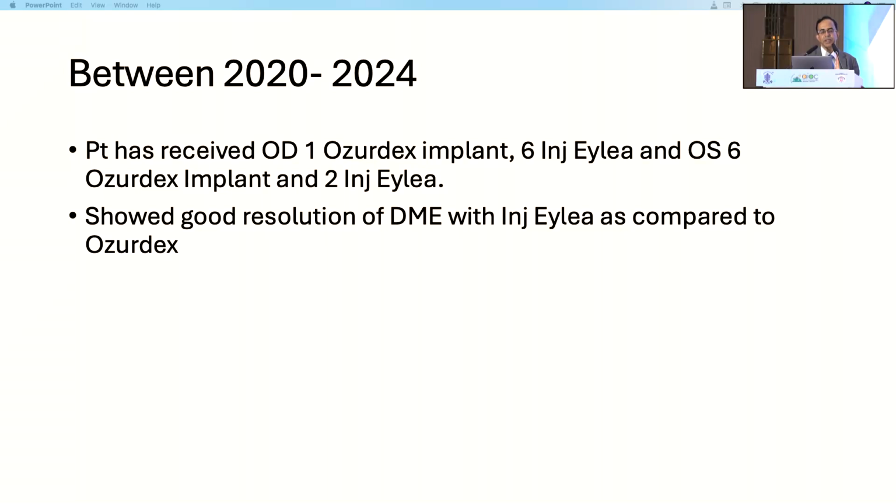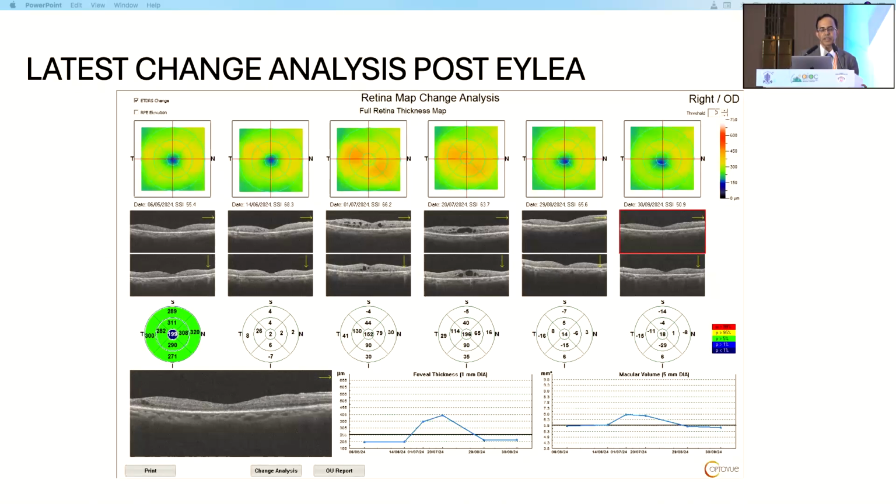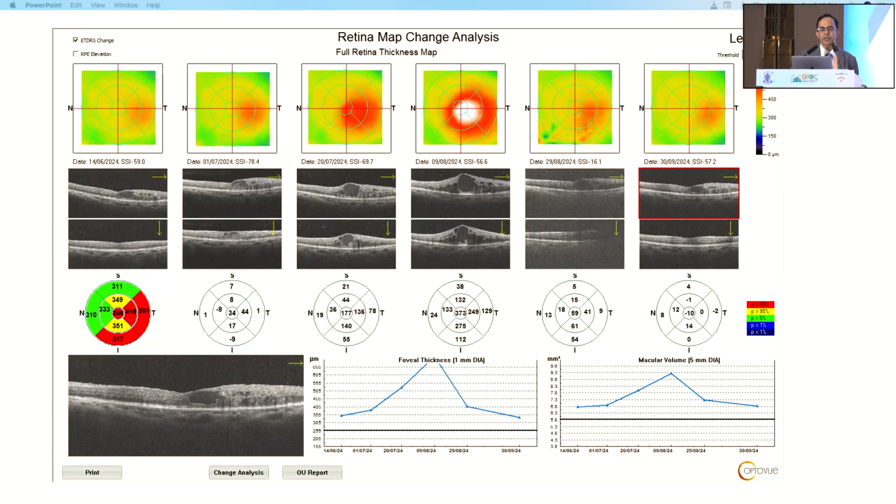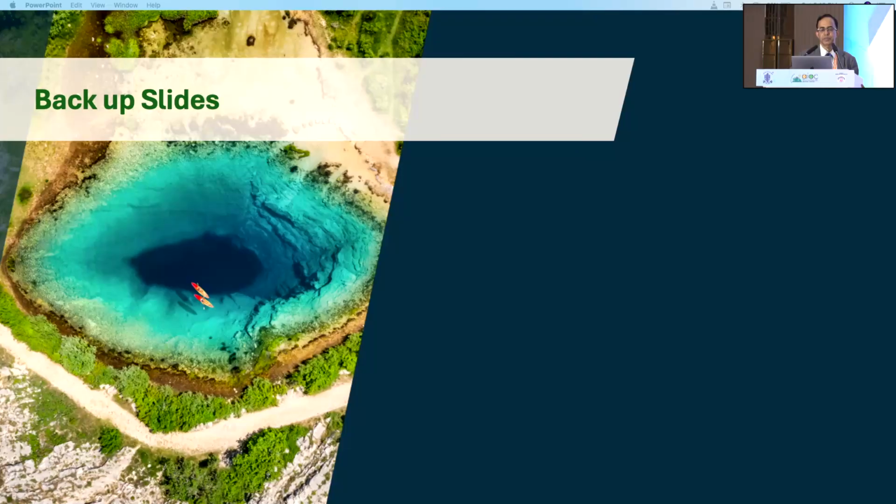Between 2020 and 2024, in the last 4 years, the patient again received predominantly Eylea injections, and has good resolution of DME with Eylea as compared to Ozurdex. This is the final follow-up that we have very recently, where the patient is doing fairly well with very little requirement for anti-VEGF treatment, mostly stabilized. The left eye has shown a few spikes of edema, but again with Eylea it's controlled well. Thank you.